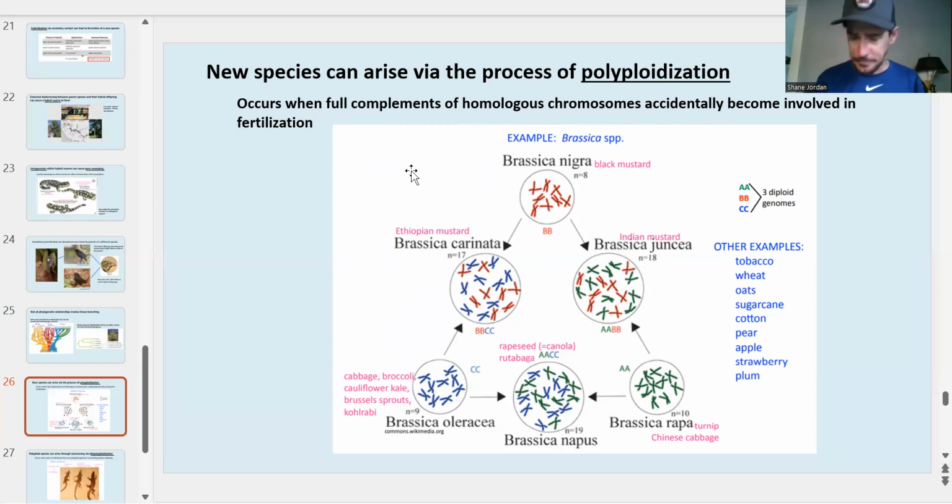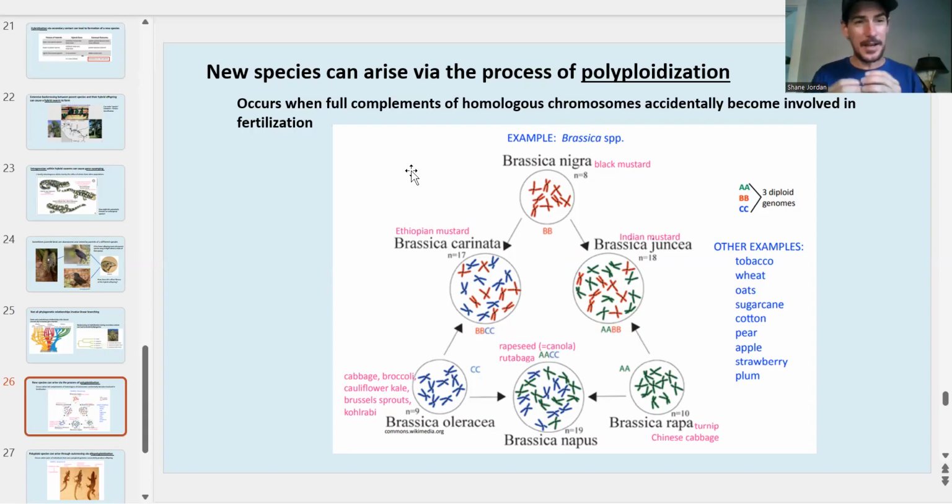How does this happen? In short, during cell division, there's this process called meiosis. And during meiosis, this is when cells are dividing to form gametes. And typically during meiosis, a diploid cell will divide into 4 daughter haploid cells. But sometimes there are mistakes, and that doesn't happen.